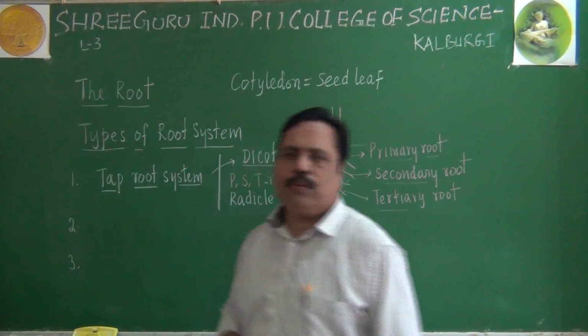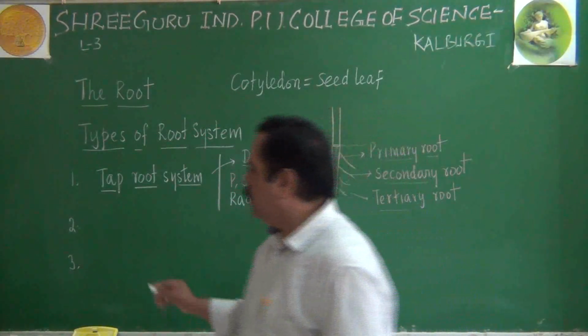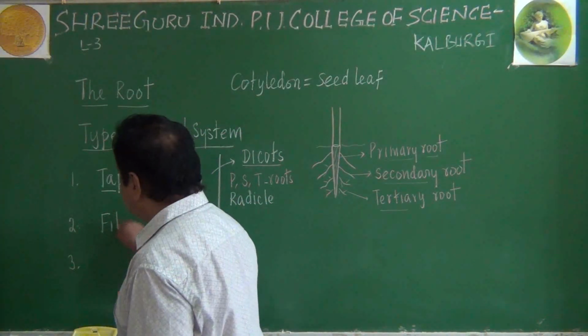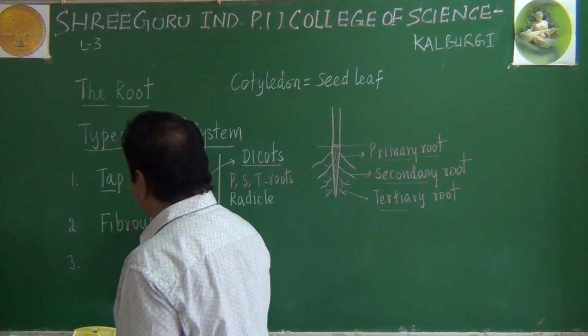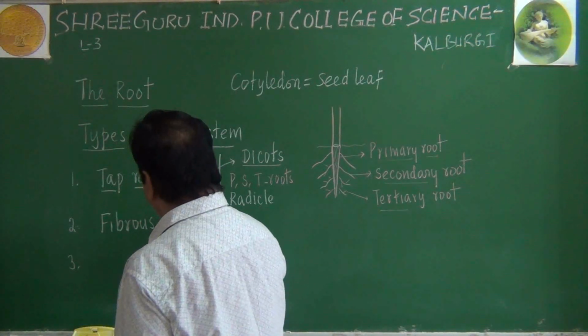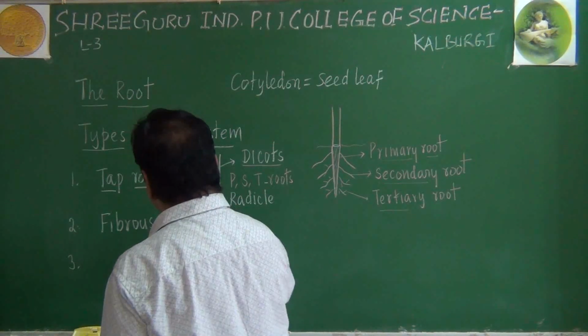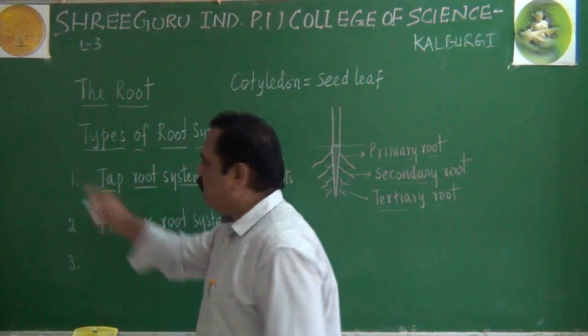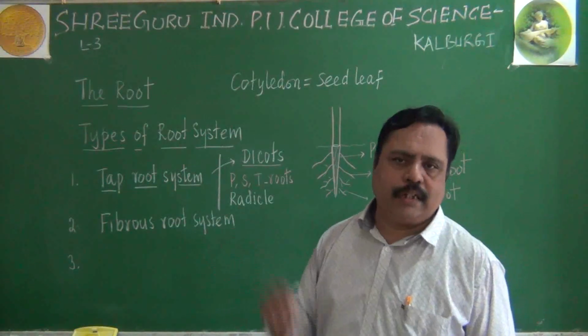The second type of root in the angiosperms that we are going to see is known as the fibrous root system. I told you that taproot system is found in dicots.